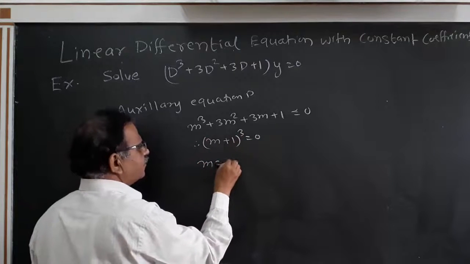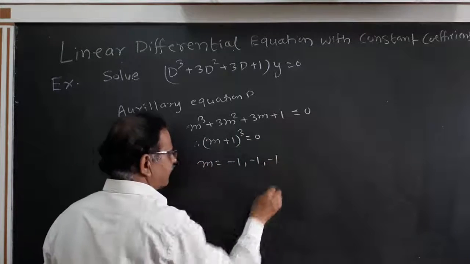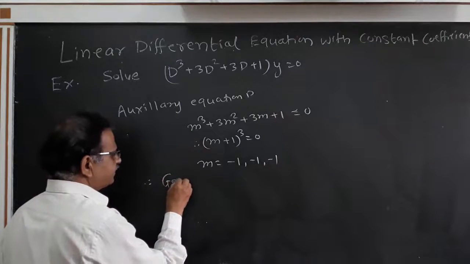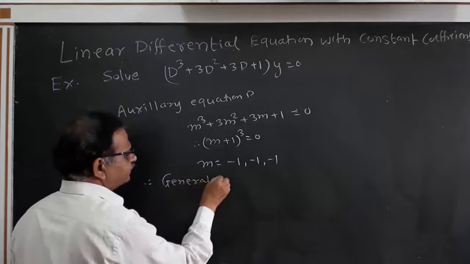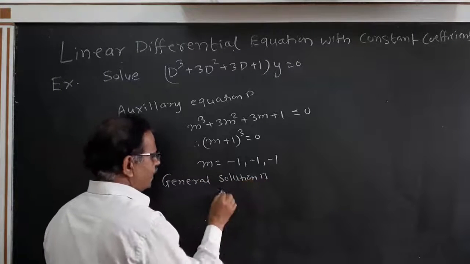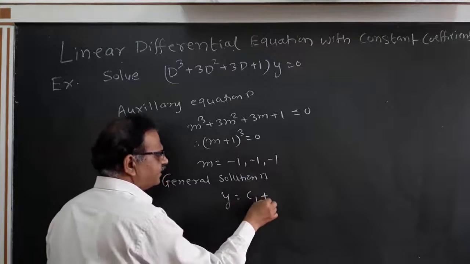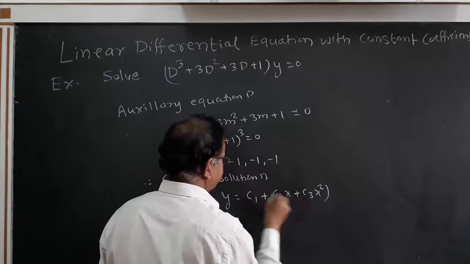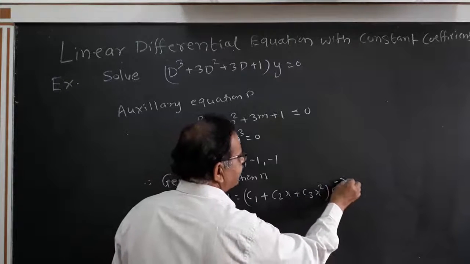Therefore, m equal to minus 1, minus 1, minus 1. There are 3 roots. Therefore, general solution is y equal to C1 plus C2x plus C3x square e raised to minus x.